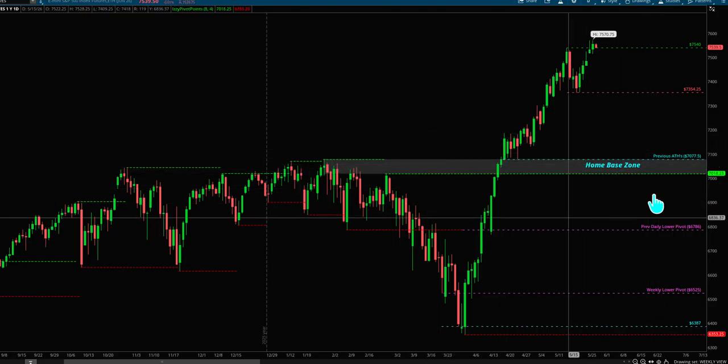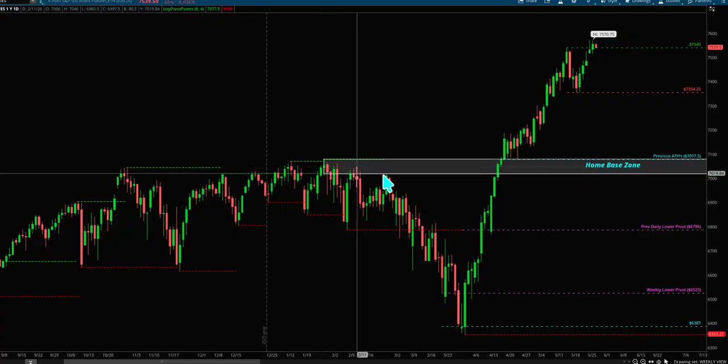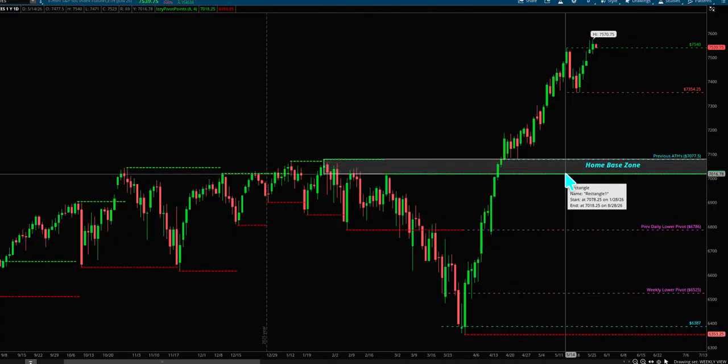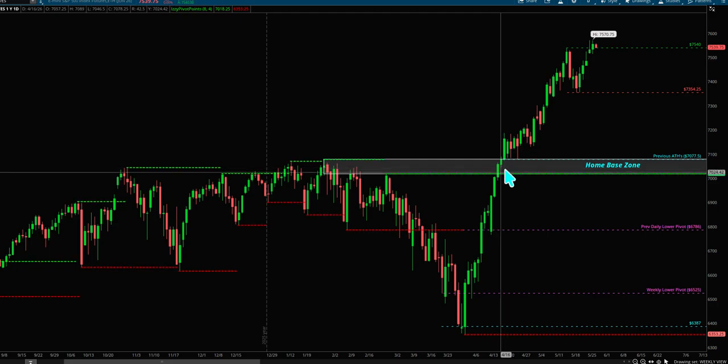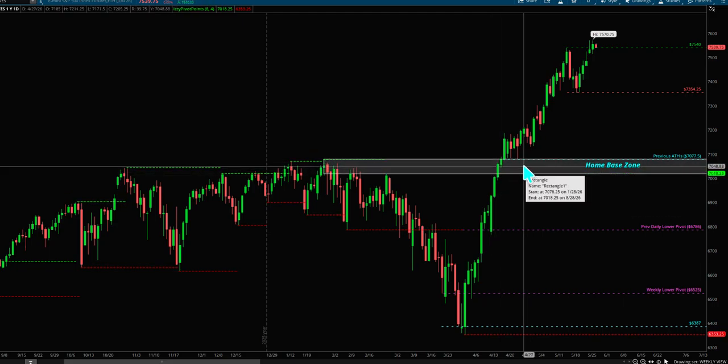Have that on a sticky note. It's a beautiful area. This is our breakout area, our home. I'm going to refer to it as our home base. Since breaking out above this home base area, all the market has been doing is trending higher.